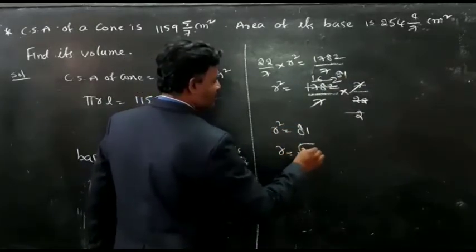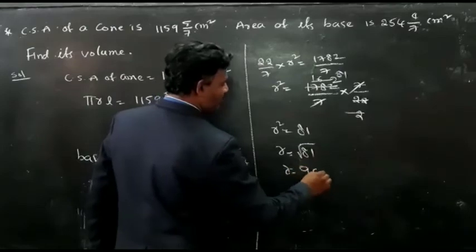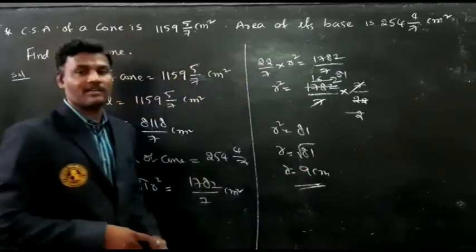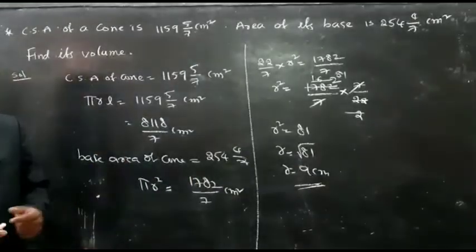Then r is equal to root 81. r is equal to 9 centimeters. So the value of r here is 9 centimeters.